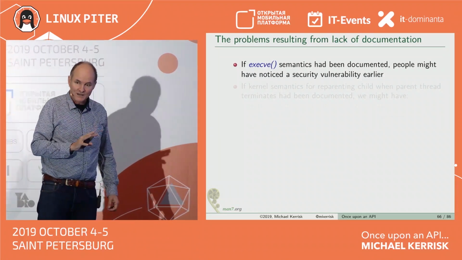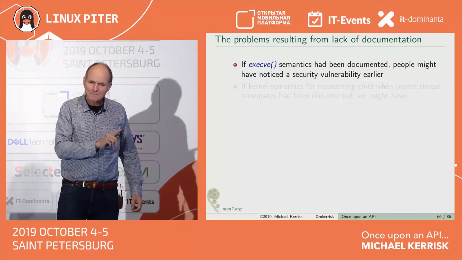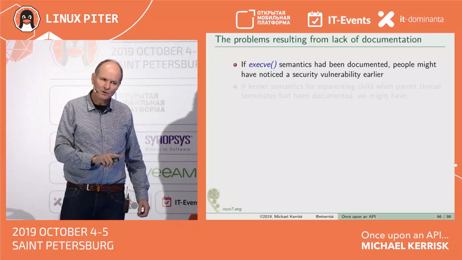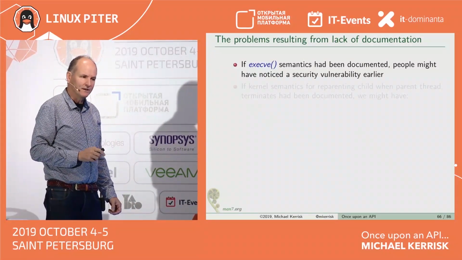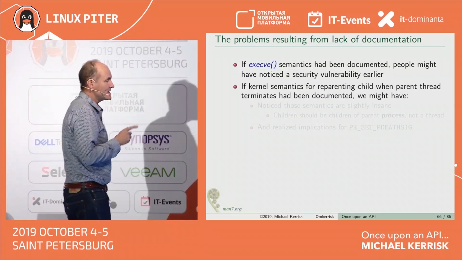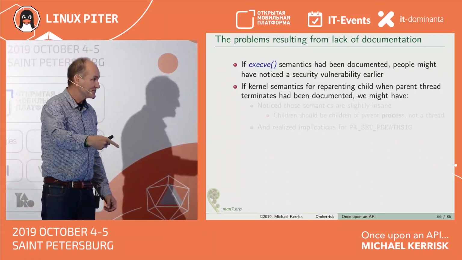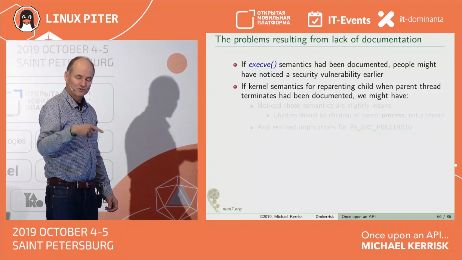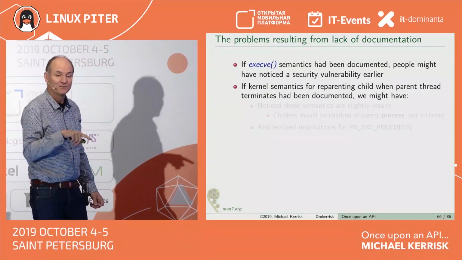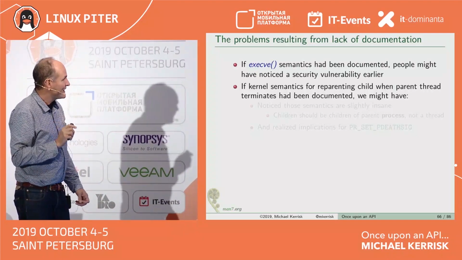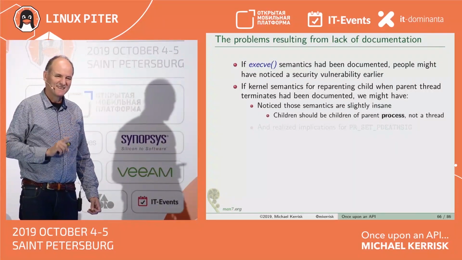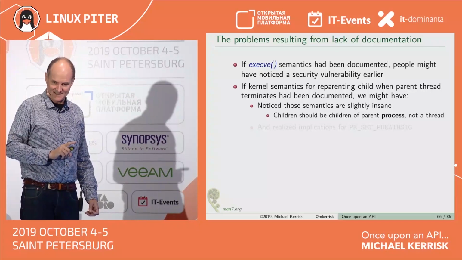Now, what are the problems that come from this lack of documentation? Perhaps if the execve semantics had been documented up front, people might have realized that security vulnerability earlier. If the kernel's semantics of how child processes are reparented when a parent thread terminates were documented, perhaps we might have first of all realized this is slightly insane.